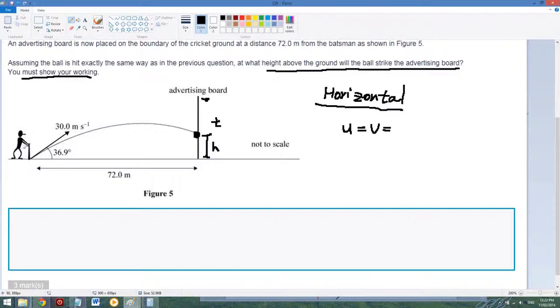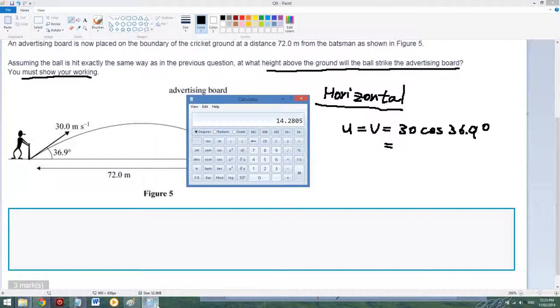So for the horizontal component, my speed will be the same. u will be equal to v, and it will be 30 cosine 36.9 degrees.